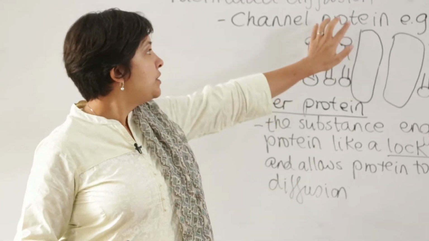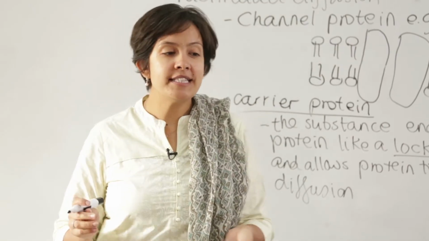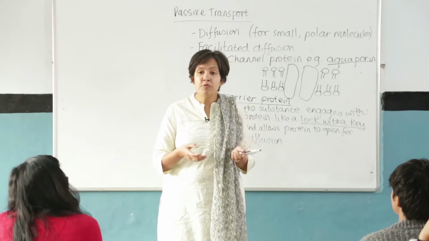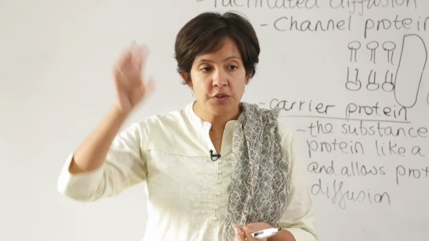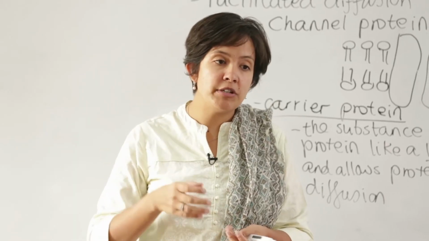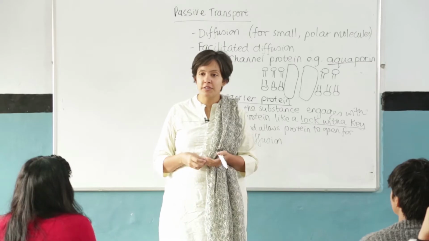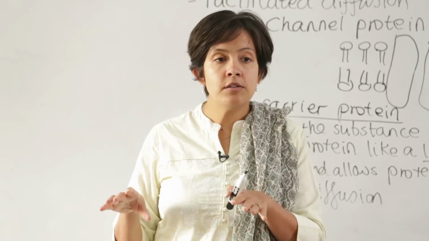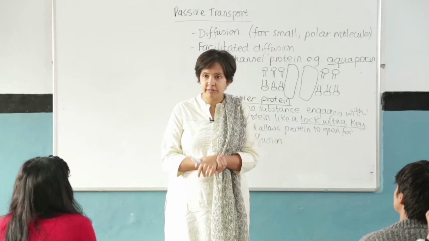In facilitated diffusion, it is still diffusion, so it still requires this concentration gradient, and the reason it doesn't need any energy at all, the reason it's a passive form, is that movement is driven by diffusion itself, right? The concentration gradient that we see across the membrane. However, there are also some cases in cells when we need particles to go against the concentration gradient.